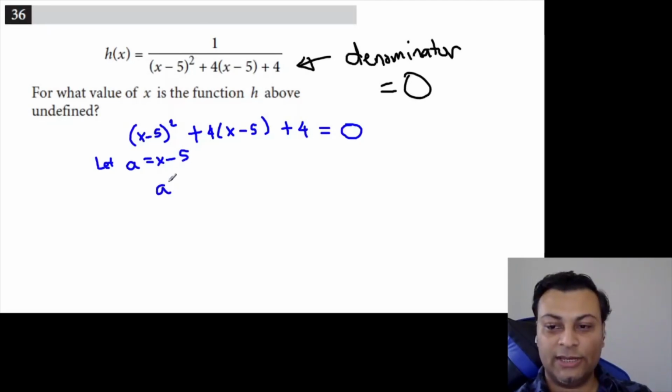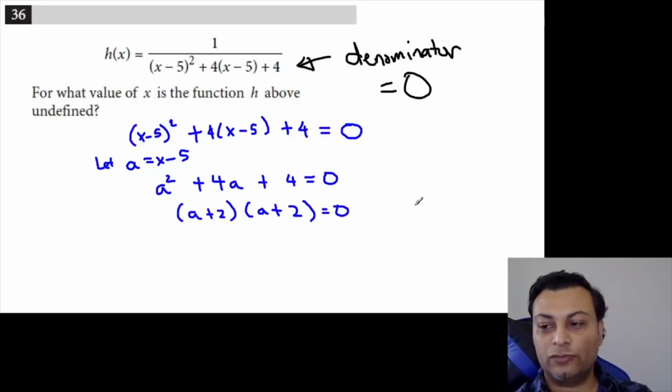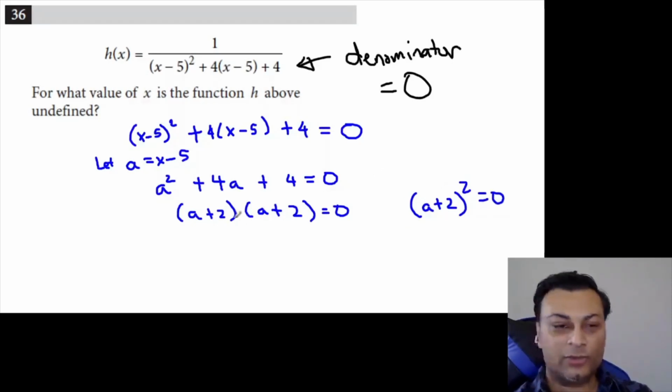So you end up with a squared, remember x minus 5 is now replaced by a, plus 4a plus 4 equals 0. When you factor this, you get a plus 2 times a plus 2 equals 0. Or you could have written it as a plus 2 squared equals 0. But we'll proceed from here.